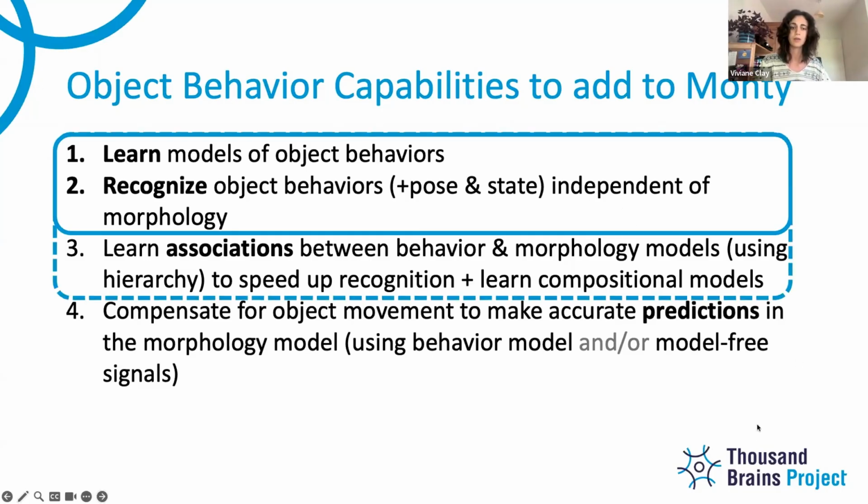And then I'm going to argue that three will automatically fall out of that, once we have implemented the general capability for Monty to model compositional objects, because we can use the compositional mechanism in exactly the same way to associate behaviors to morphology models. And then four is the one I'm least certain about right now on the solution we have for it.